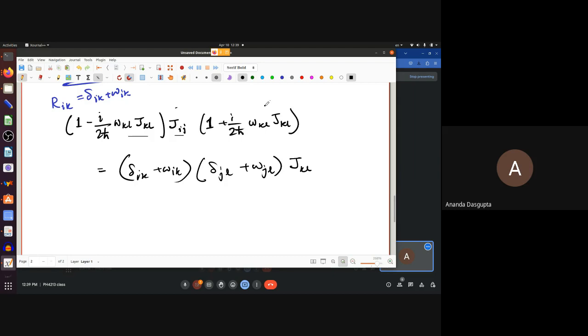Shouldn't that be obvious? This is an operator, this is another operator. You multiply them. Another term is one in which you take this operator and this operator multiply them in the other order.